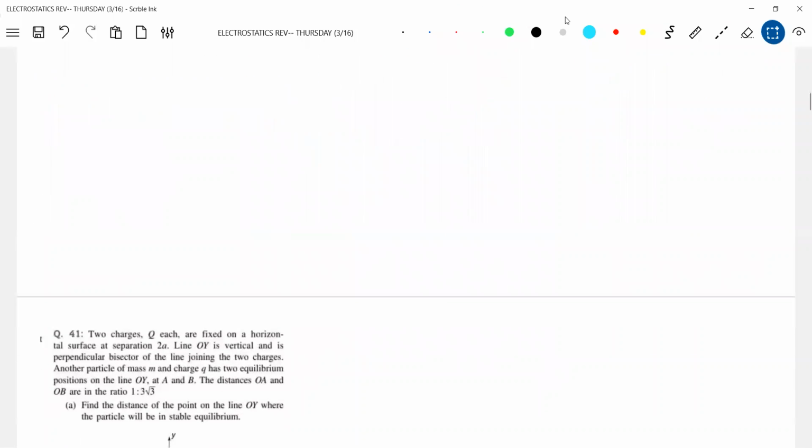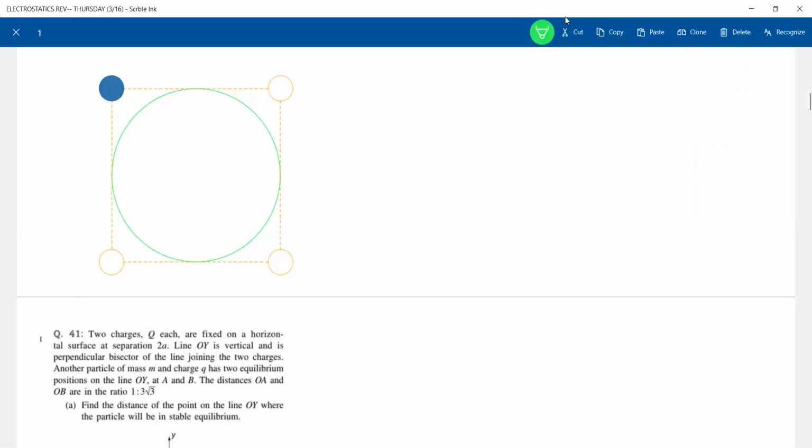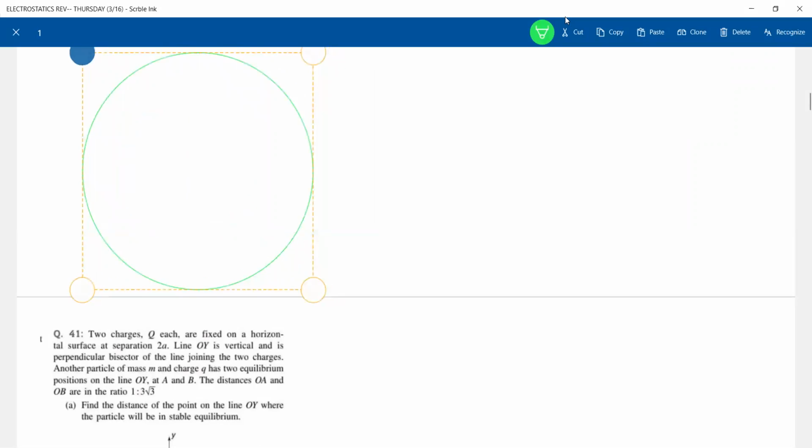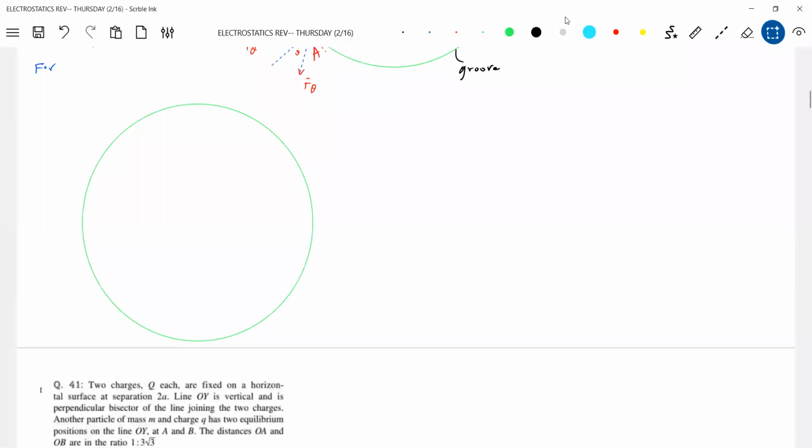I'll draw a fresh one. Now for the negative charge particle, I'm discussing the concept. So initially the charged particles are at an angle of 90 degrees. So this is the plus Q. I'll place minus Q on the symmetric line. There is a line joining them.